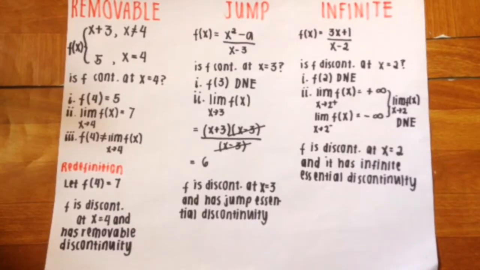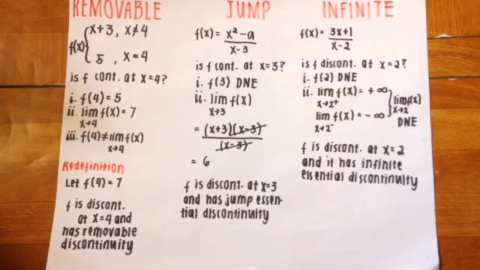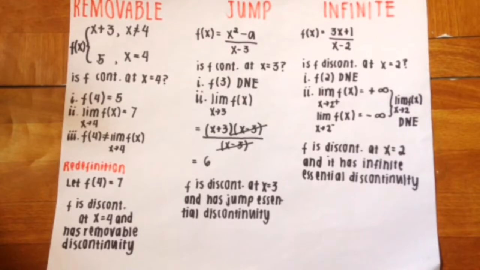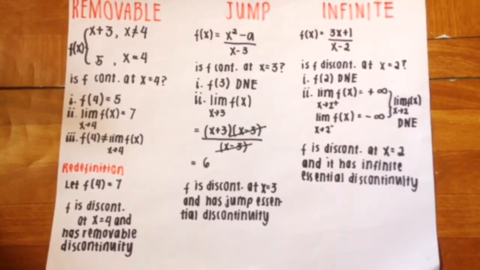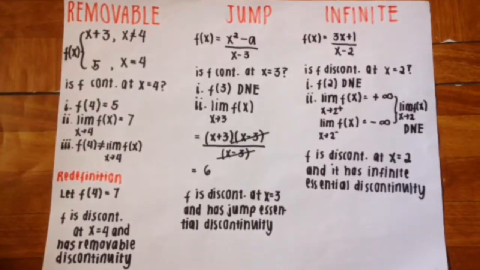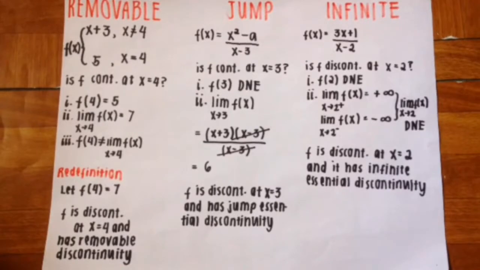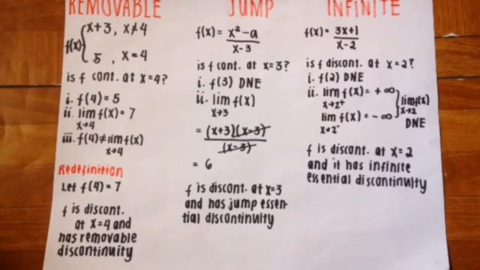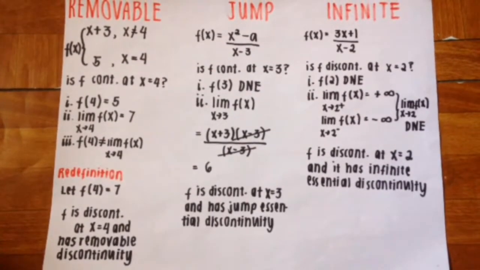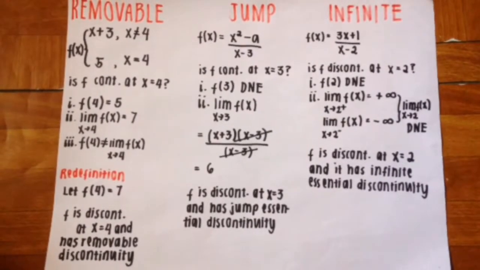That leaves us with the binomial x plus 3, and we substitute 3 into the function, which gives us the limit of 6. Since one of the first two steps has an answer that does not exist, we don't need to continue to the last step and arrive at the conclusion that the function is discontinuous at x equal to 3 and has a jump essential discontinuity.